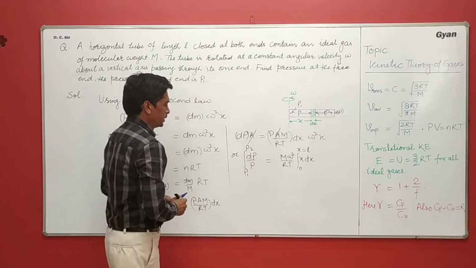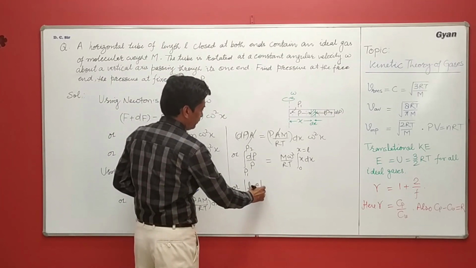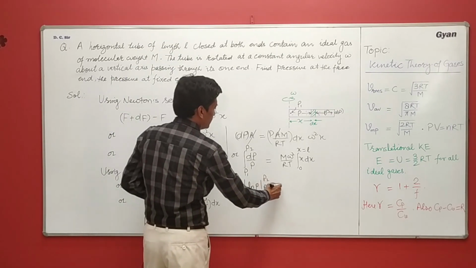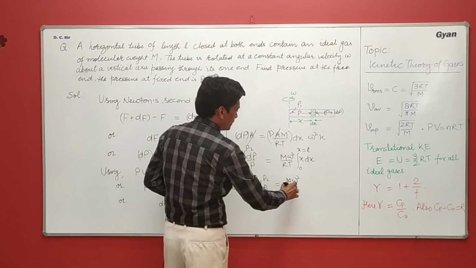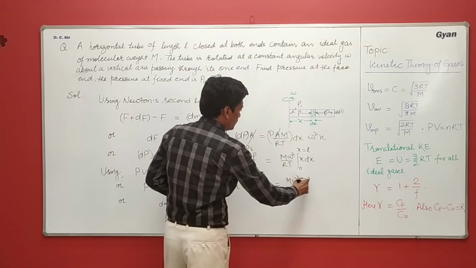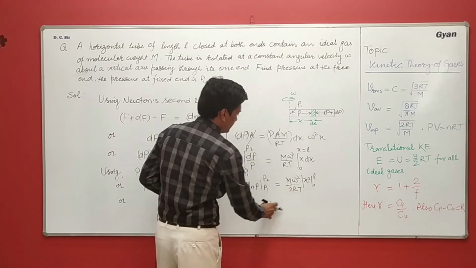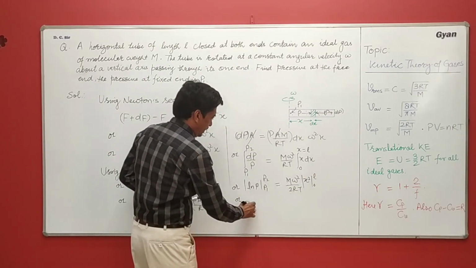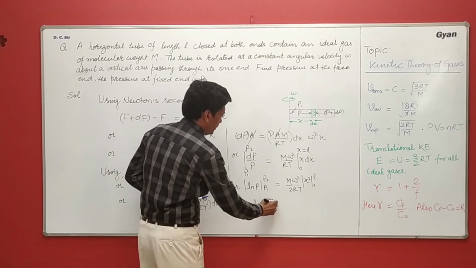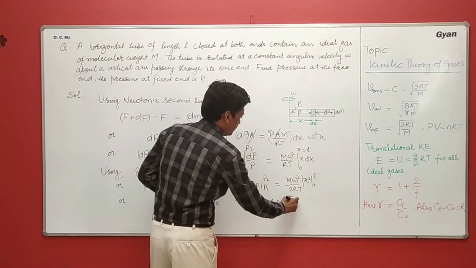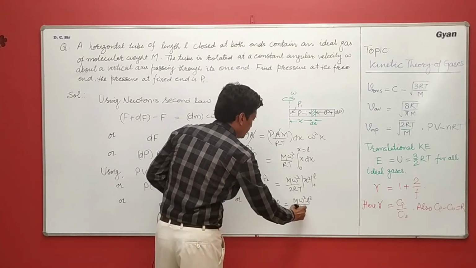So integrating both sides, we have ln P from P1 to P2 equal to m omega square upon RT times the integral of x, which is x square upon 2. You put the limits: ln P2 minus ln P1 is equal to m omega square L square upon 2RT.